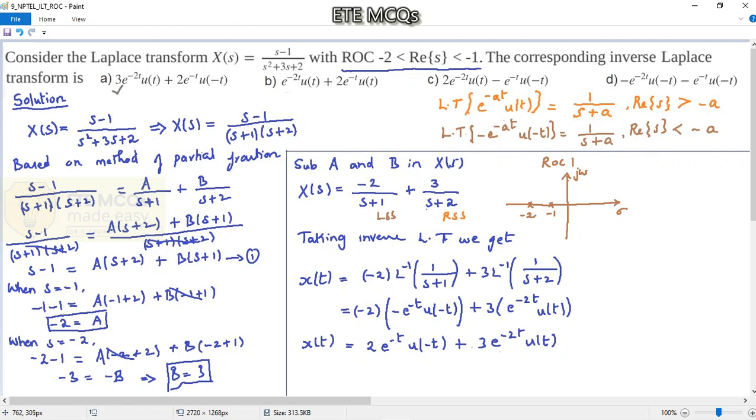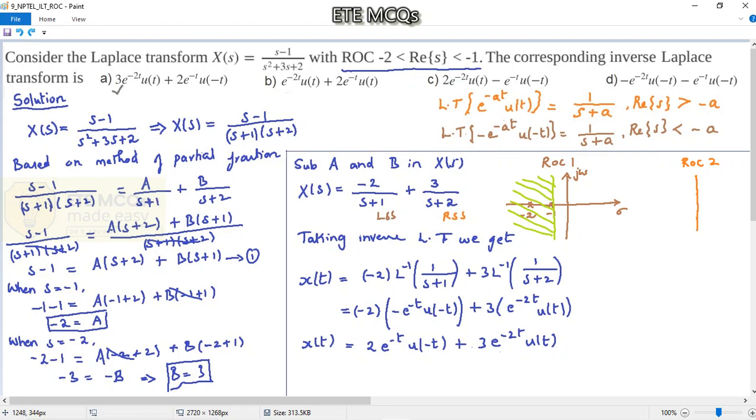Now for the left-sided sequence, the ROC is on the left-hand side of the pole minus 1. So the region of convergence will be on the left-hand side of minus 1. This will be the region.